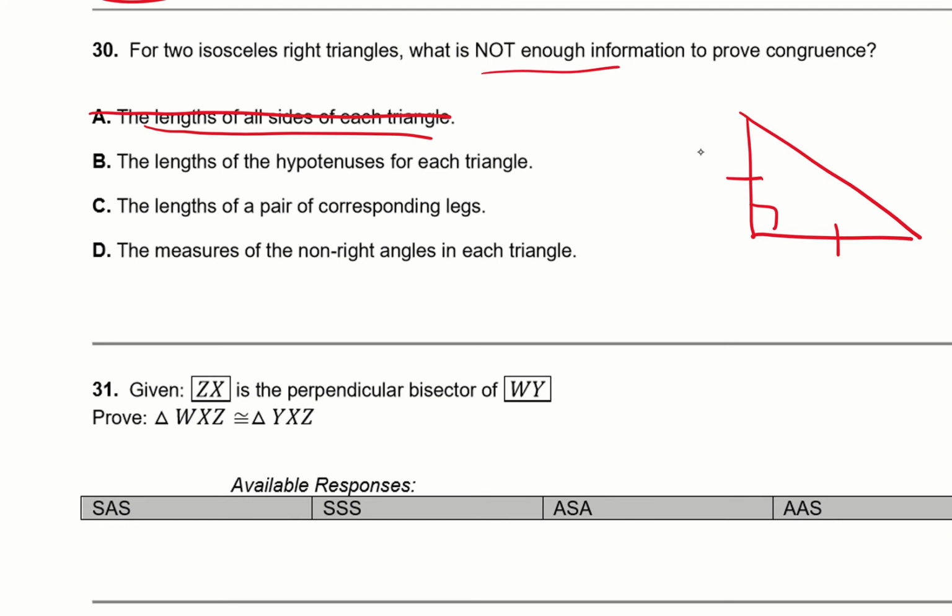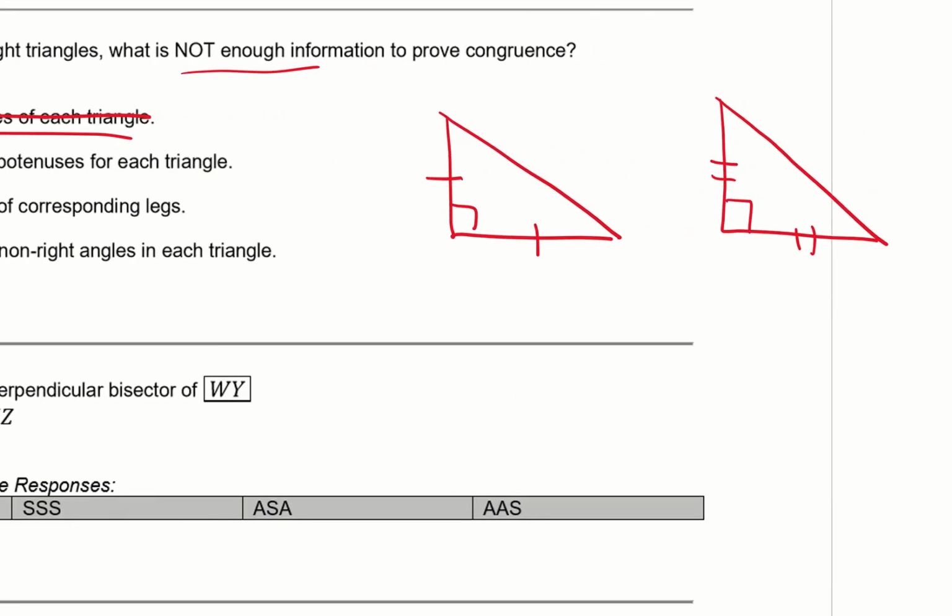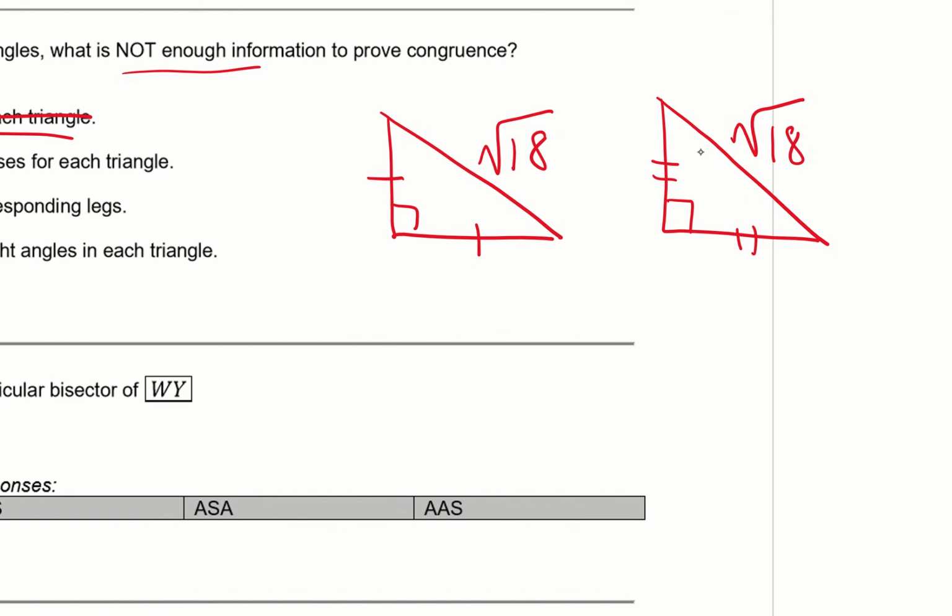The lengths of the hypotenuses for each triangle. If we know the hypotenuse of the triangle, for example, that this was the square root of 18, then we can show that these two triangles are congruent. Since these two sides are the same and this is a right triangle, we can use the Pythagorean theorem to get the other two sides.